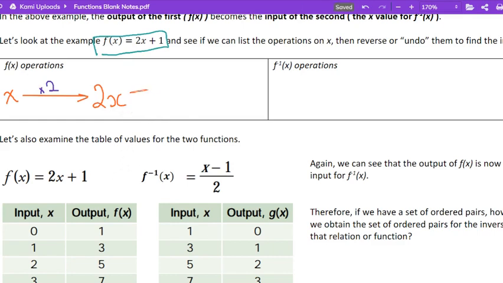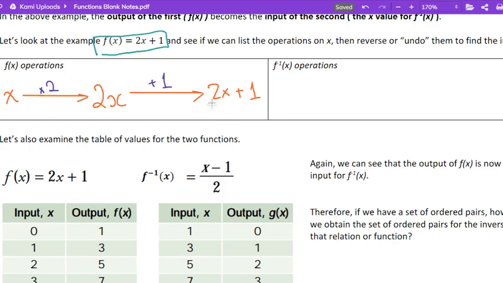Okay, and then what happens after that, now that we've taken care of the 2x, is that now we will add 1. And what is spit out of the function machine after that step is 2x plus 1. Okay, so this is our output.